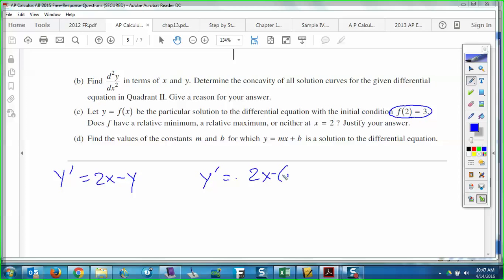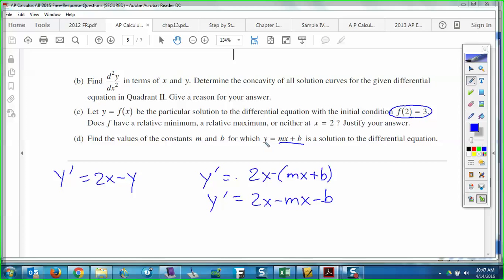Because we're basically going to need to get two equations that we can work with here. We would have that, right? We substitute that y in for there.